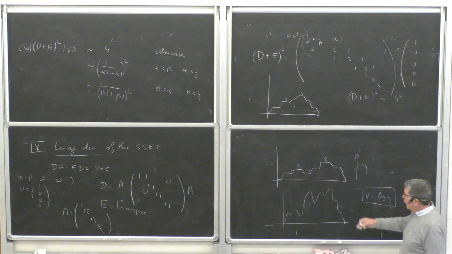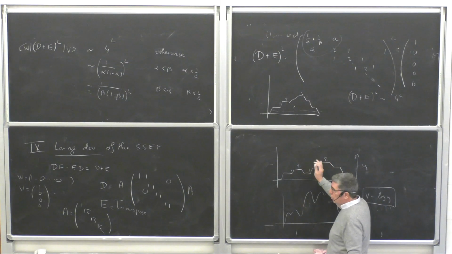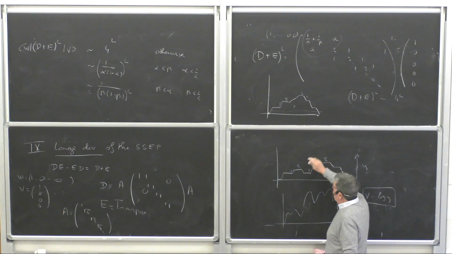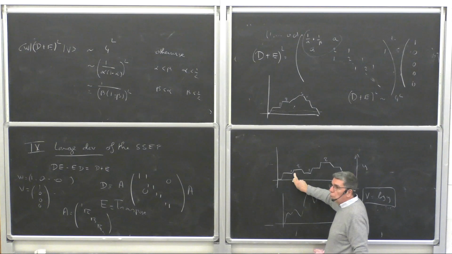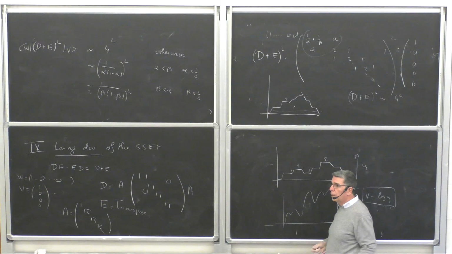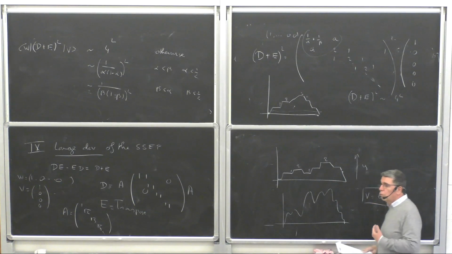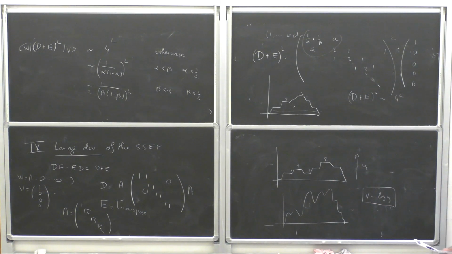When I have a 1, it means that it's occupied. When I have a 1 down, it's empty. And when I have a 2, it might be either occupied or empty. And this allows one to get the large deviation function of the density.